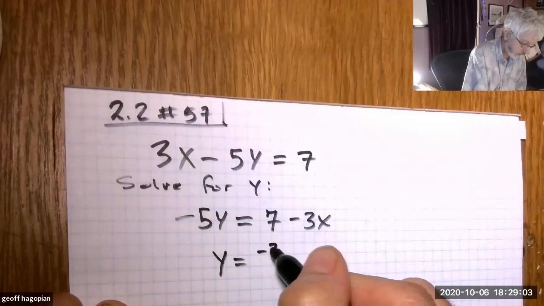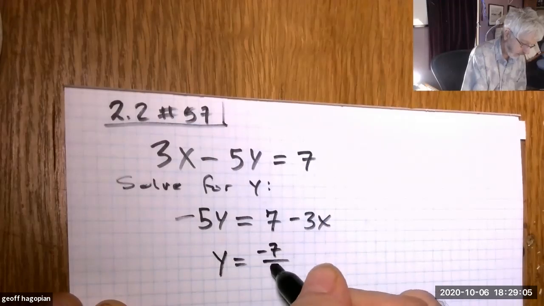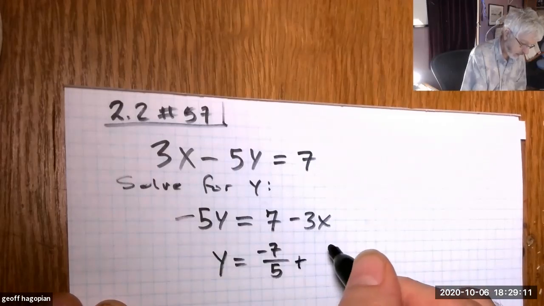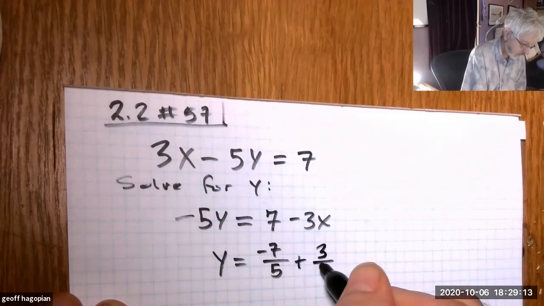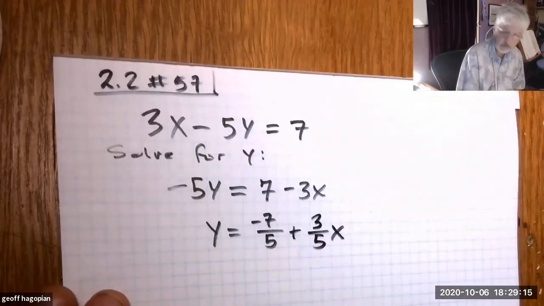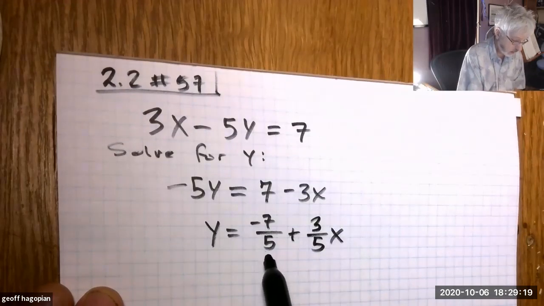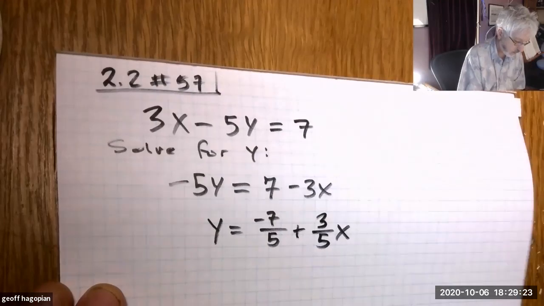And negative 7 divided by negative 5 is negative 7/5. And a negative divided by a negative is a positive, so I'm going to write that as 3/5 times x. All right, so that means that when x is 0, we're starting at negative 7/5. Y is starting at negative 7/5, right?